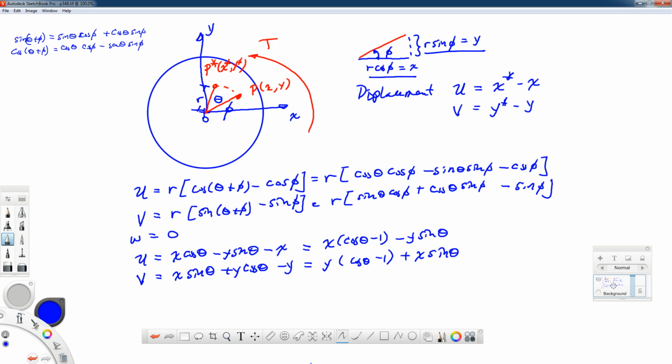Now we're going to have small deformations and small rotations in this particular example. So in this case, that angle will be small. So we're going to make the approximation that the sine theta is approximately equal to theta itself in radians, and the cosine theta is going to be approximately equal to 1.